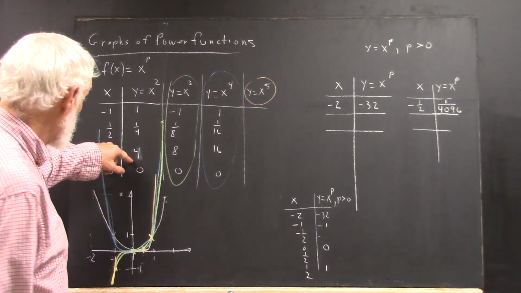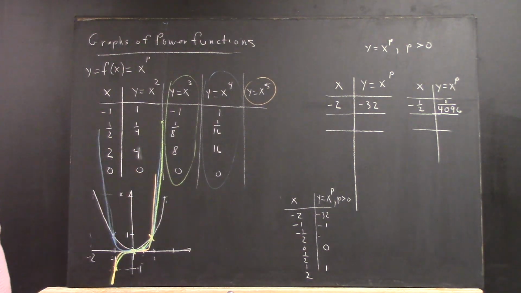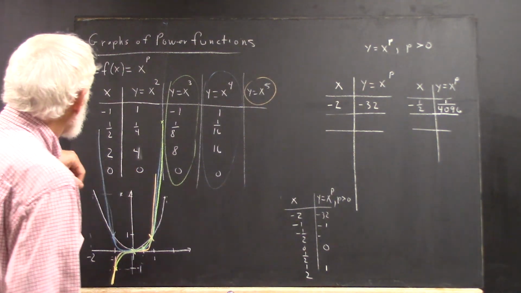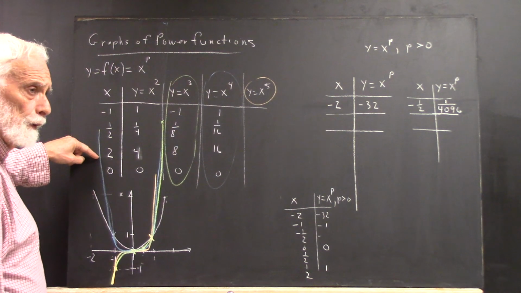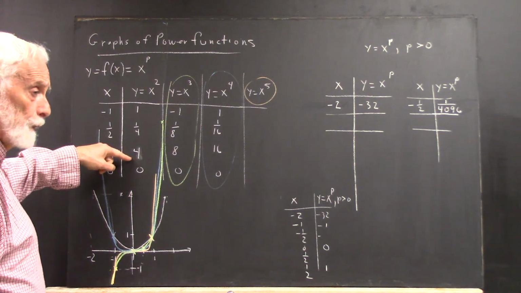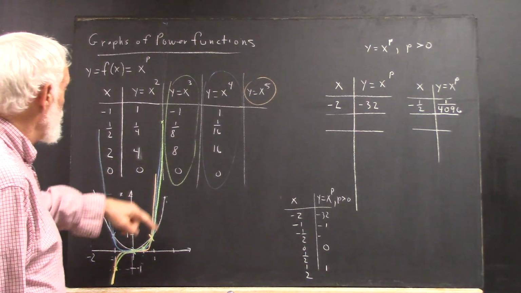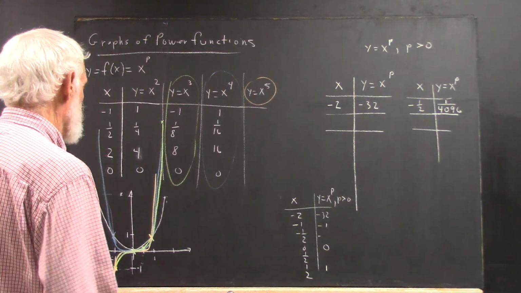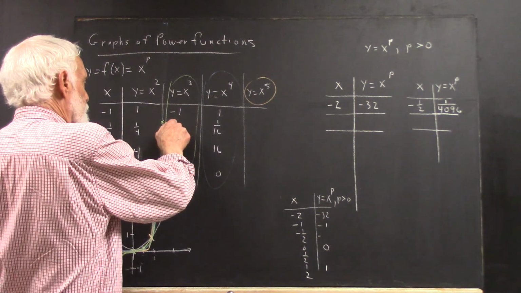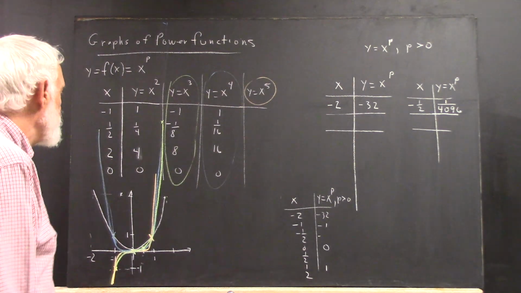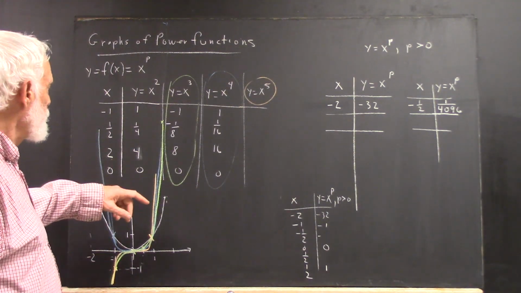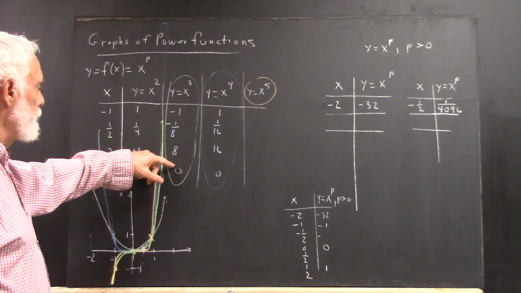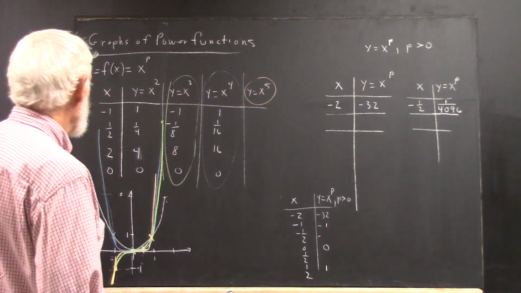Unfortunately, I got a little careless there, even though I did plot it correctly. Okay, so the value at 1/2 and the value at 2 are reciprocals of one another. And I was careless again, that should have been -1/8. But you have reciprocals, okay?